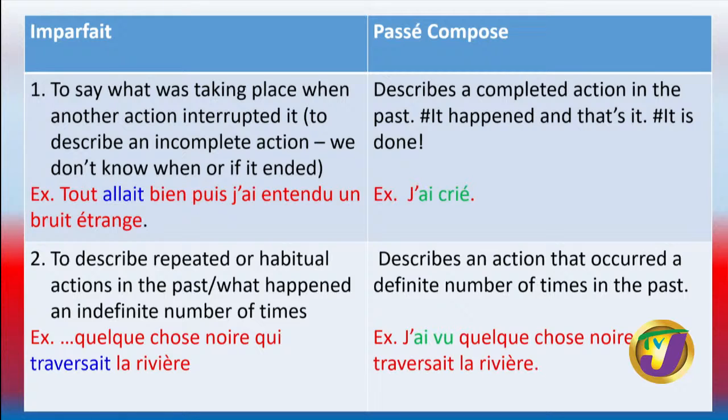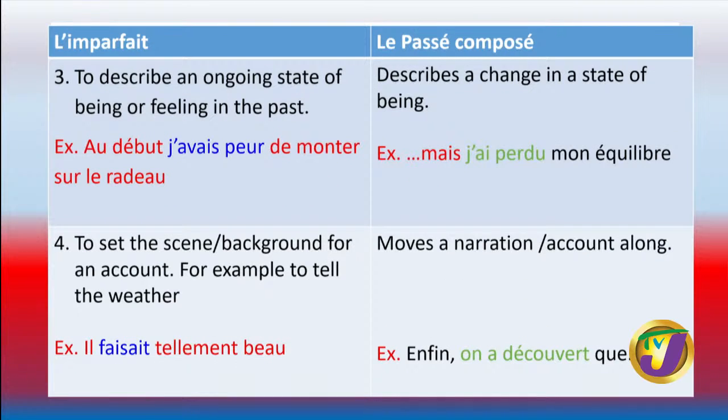All right? Once. Also, the passé composé is used to describe a change in state of being. So, at a point I was this way, but then my state changed. So, j'ai perdu mon équilibre. I lost my balance.